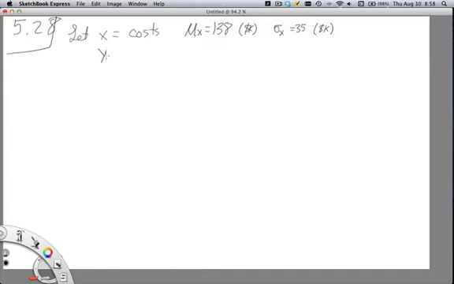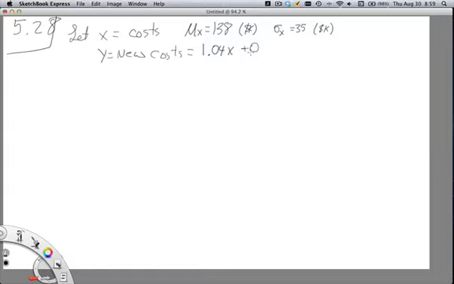So let y equal the new costs. To get a 4% increase, we're going to take 1.04 times x. And then if you want, you can say plus 0, but that's not really necessary. So that represents a 4% increase.